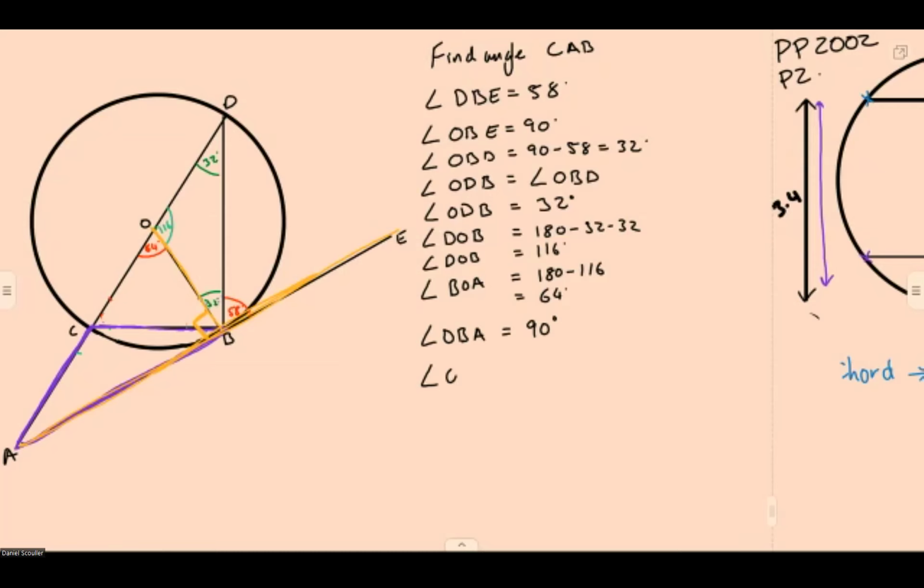OAB, because 180 minus 90 minus 64 should give us 26. And that's the angle we're looking for.